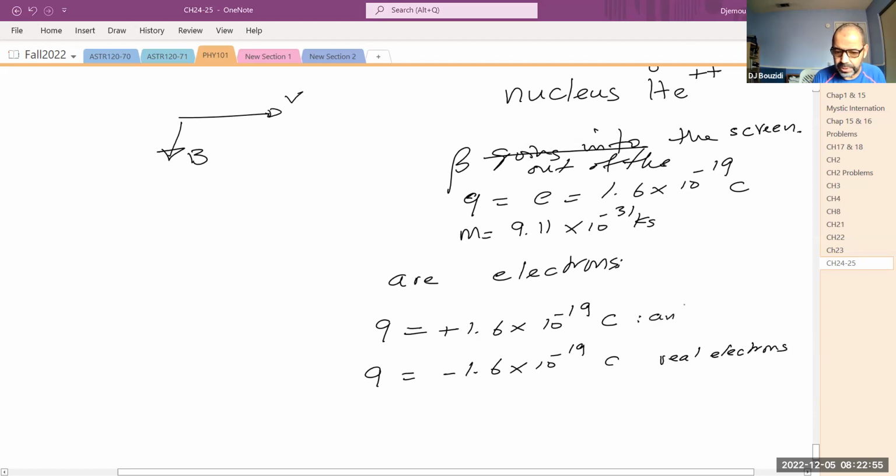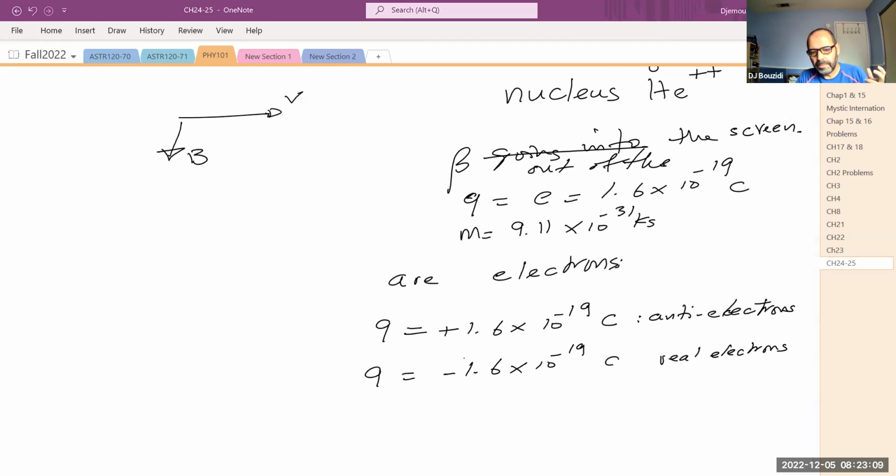These are anti-electrons, because a regular electron must have a charge that is negative. These ones come up with a positive charge. That's how radioactivity works for you. It's either one, depending on what happened inside the nucleus, that's all.